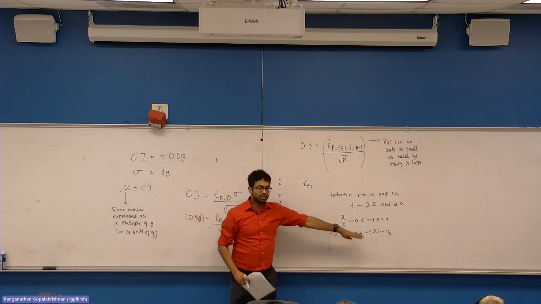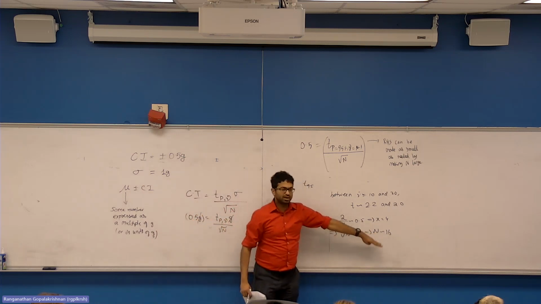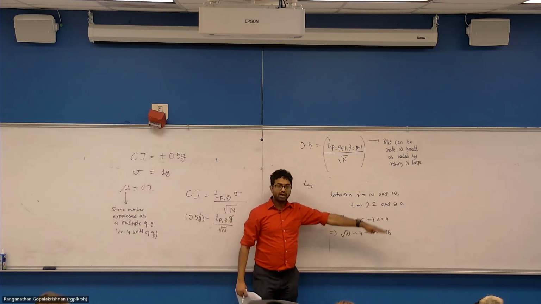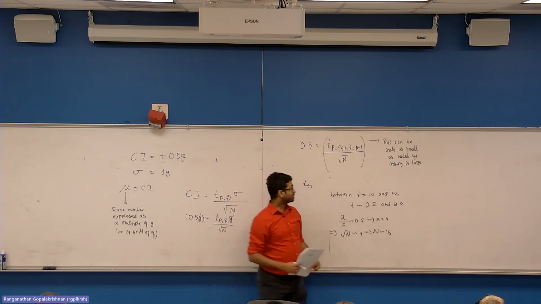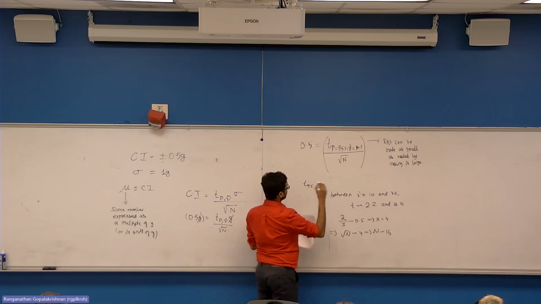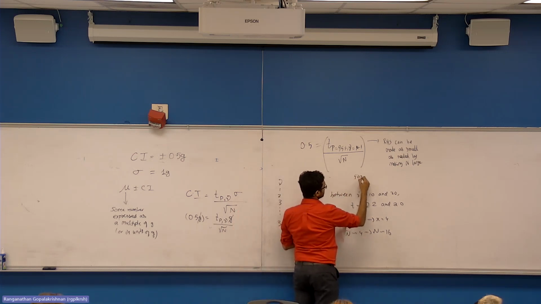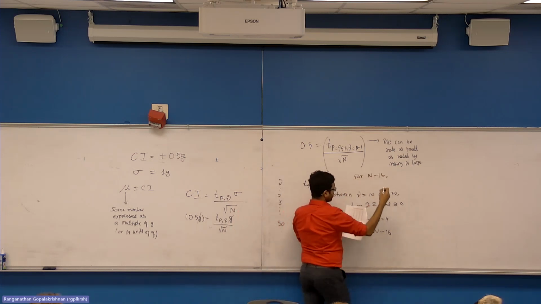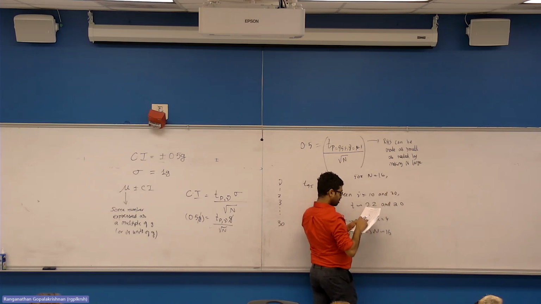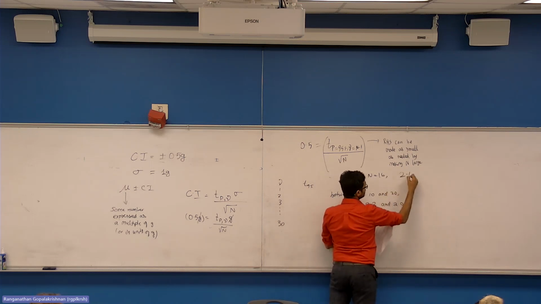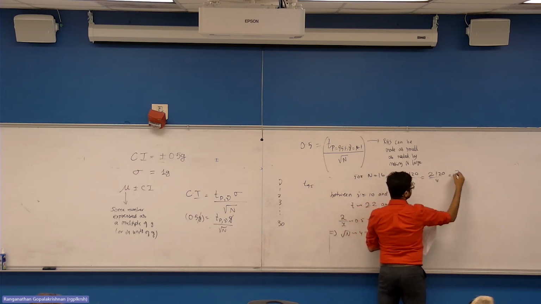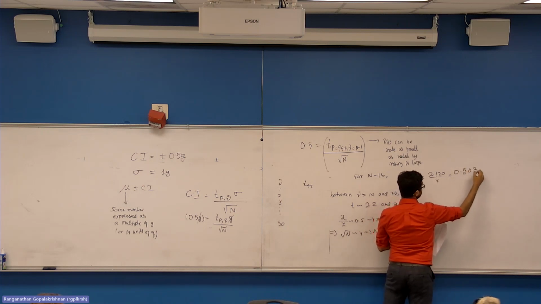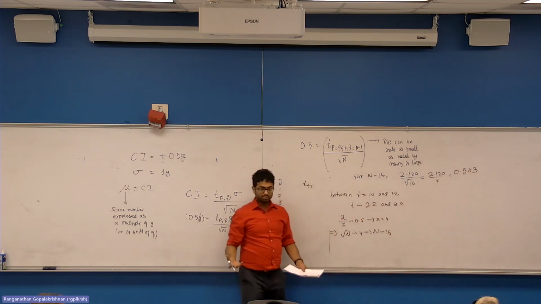I gave credit for people who wrote 16, 17, 18, even 20. It's about hitting the ballpark, not exactly a particular value. For example, if you try n equals 16, you get t statistic 2.120 divided by square root of 16, so 2.120 divided by 4, which is 0.503. I accept 16.